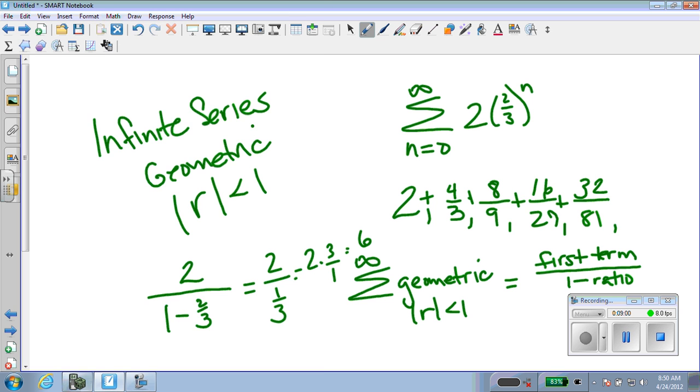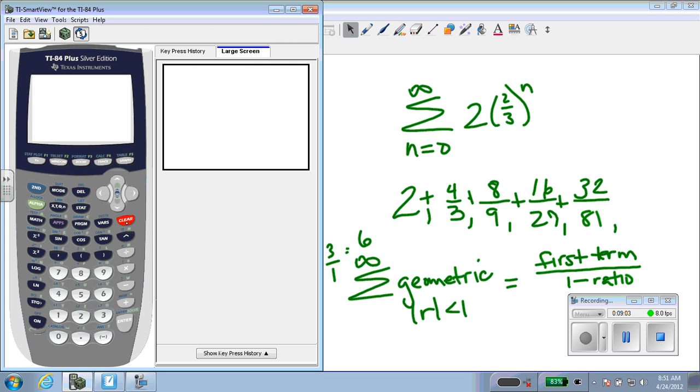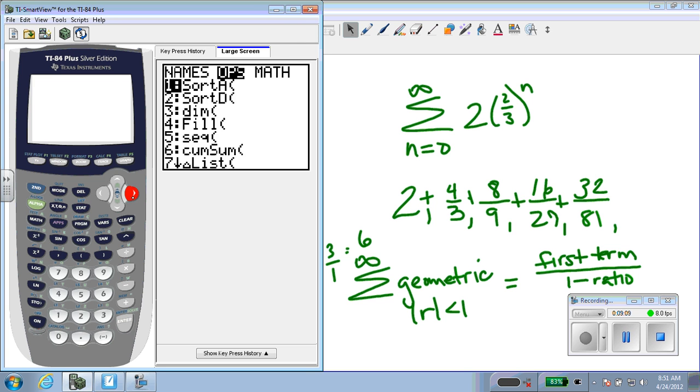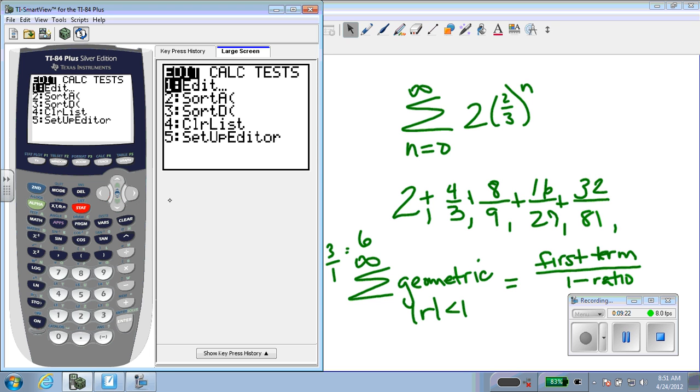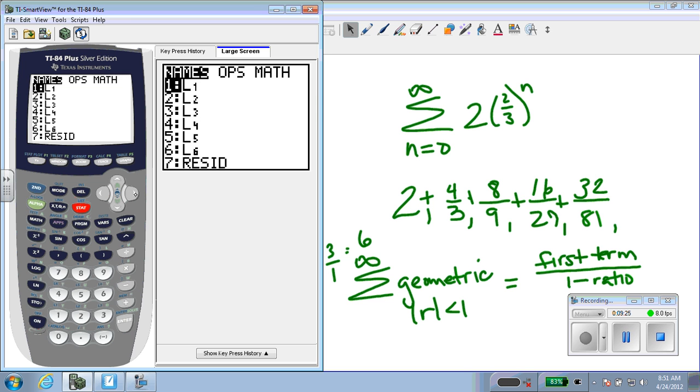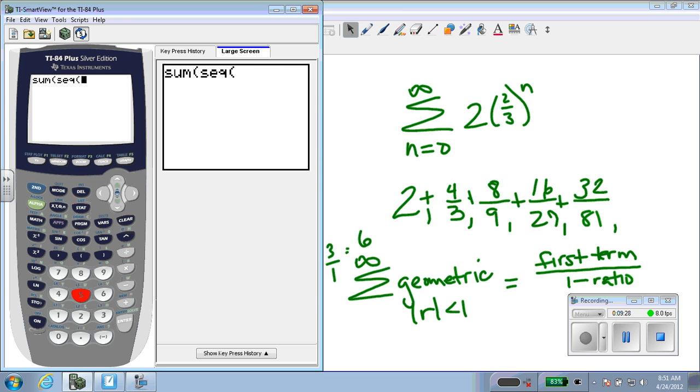And I can actually trick my calculator into finding that. So if I did sum of a sequence, 2 times 2/3 raised to the x, from 0.